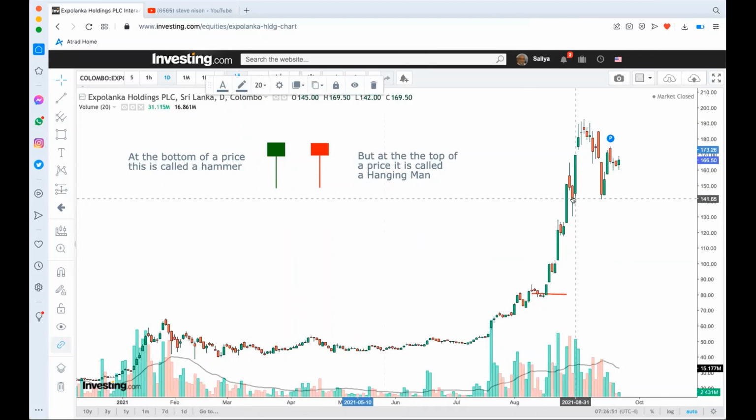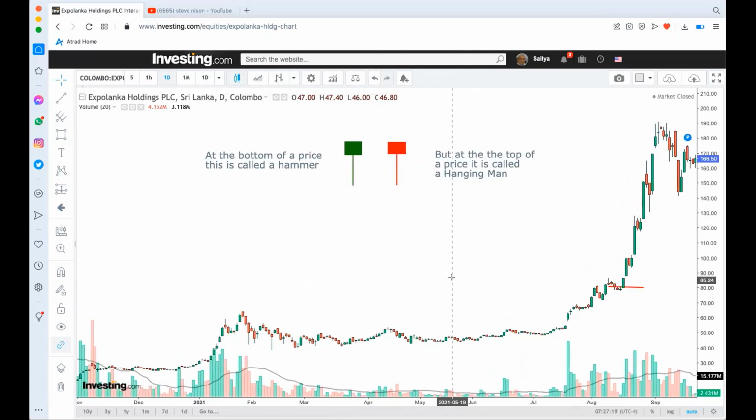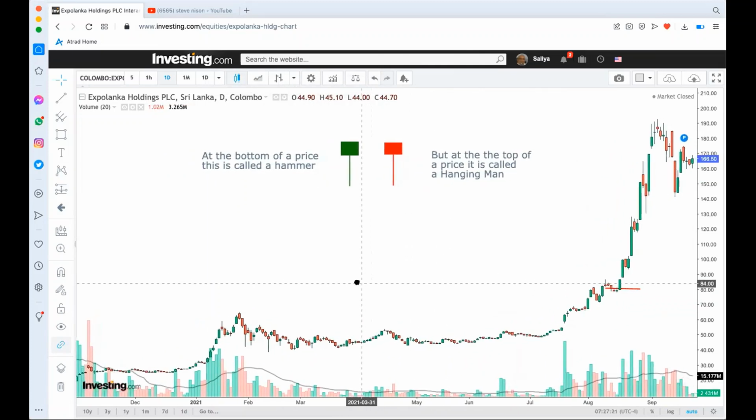You can see here, this is at the top. When we are here, you don't know what is going to happen to this candle, but this formation, which is at the top, ideally it has to be the top, right?